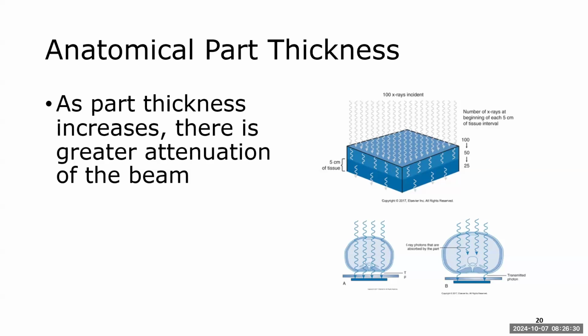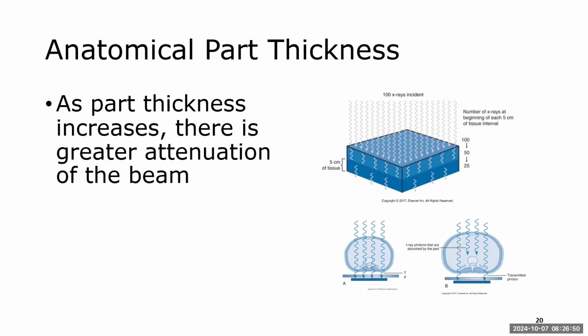If you look at this picture, the picture at the top is if you have just 5 centimeters of tissue thickness, let's say there was just this first layer down here, then you still may have a few photons make it through because it's not that thick.